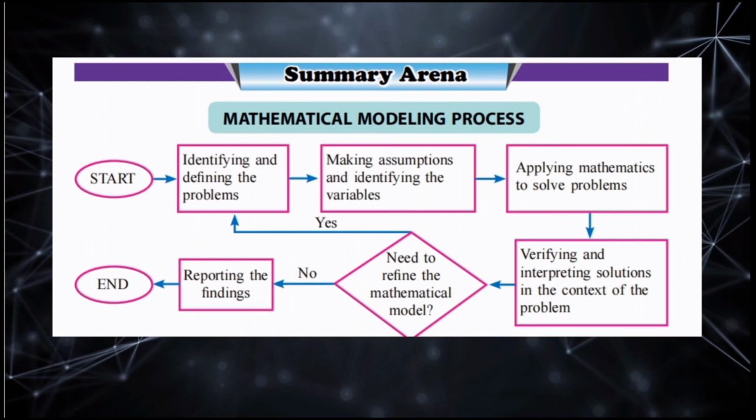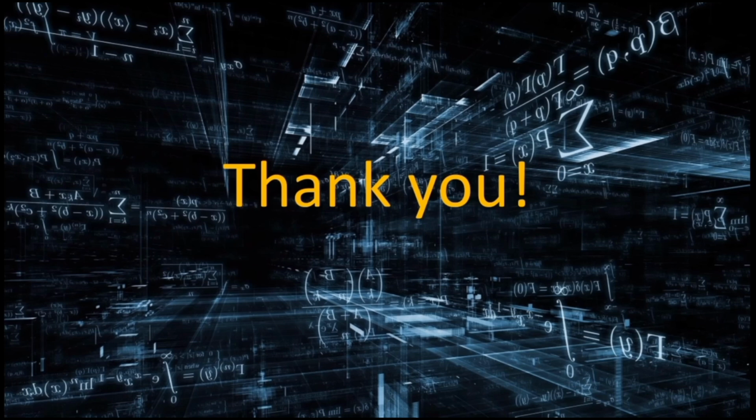First, identifying and defining the problem, making assumptions and identifying the variables, applying mathematics to solve the problem, verifying and interpreting solutions in the context of the problem, refining the mathematical model, and reporting the findings. That's all for my presentation.